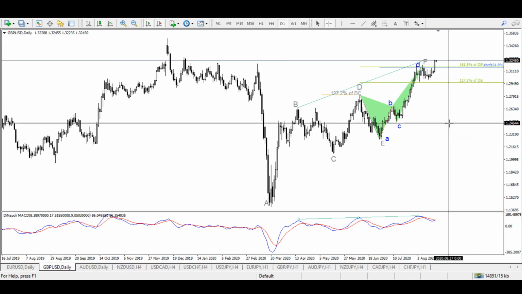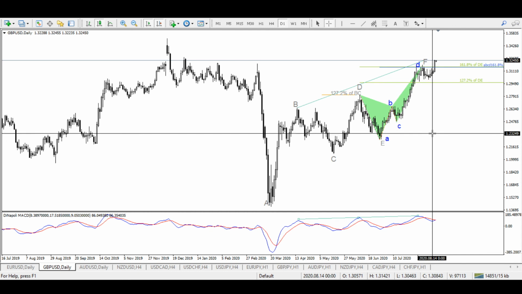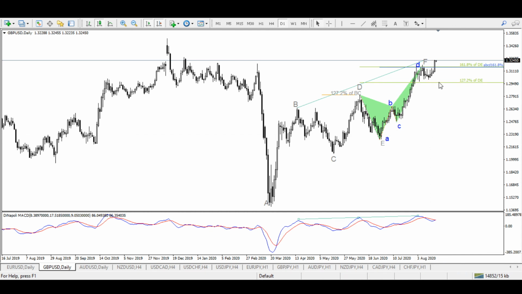So if we are looking at taking a buy position, this is the new day. Wednesday has already started as per the daily closing time of brokers, because the daily candle closes at 5 p.m. This is 7 p.m. now. So if you want to take a position right now, you can, or if you want to wait for a retracement, you can wait for a slight downward retracement and then enter buy.